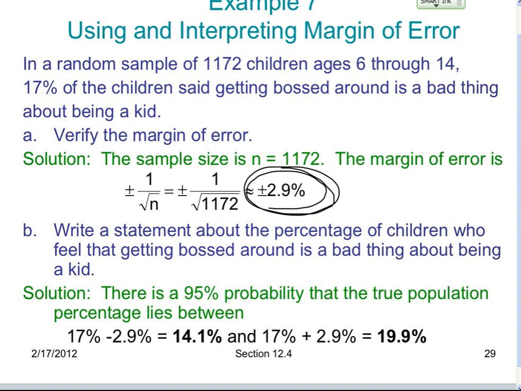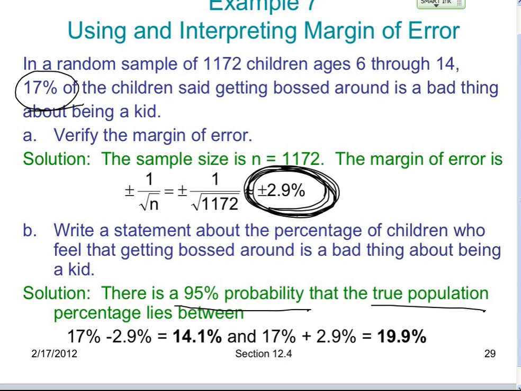So what does that mean? 95% probability that the actual population is going to be 2.9% above the 17% and 2.9% below the 17%.